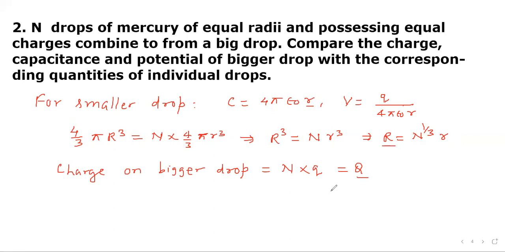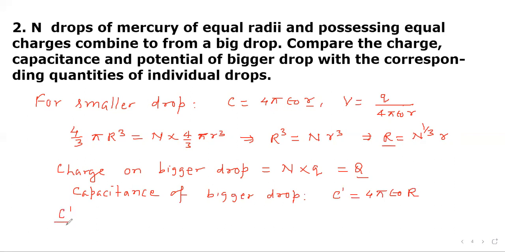Now, capacitance of bigger drop, so it will be C dash equal to 4 pi epsilon naught capital R. Now, if we find the ratio C dash to C, so what do we get?